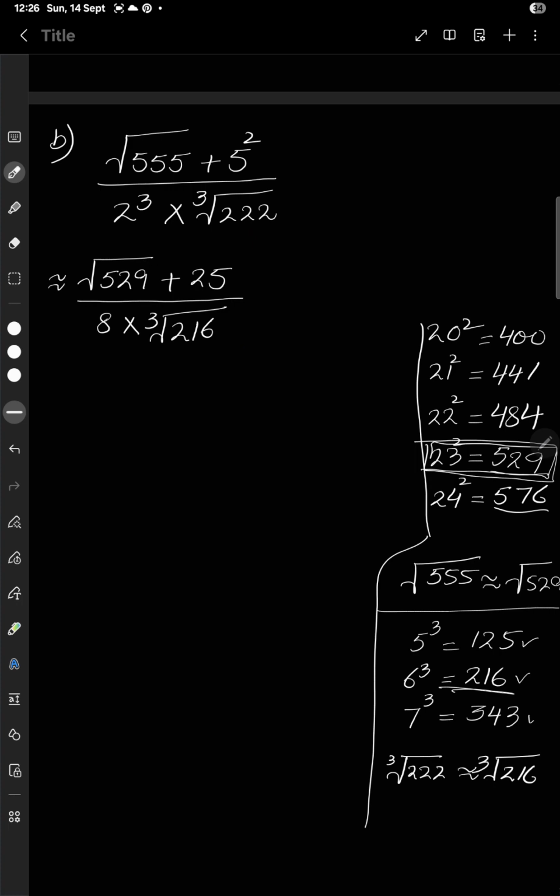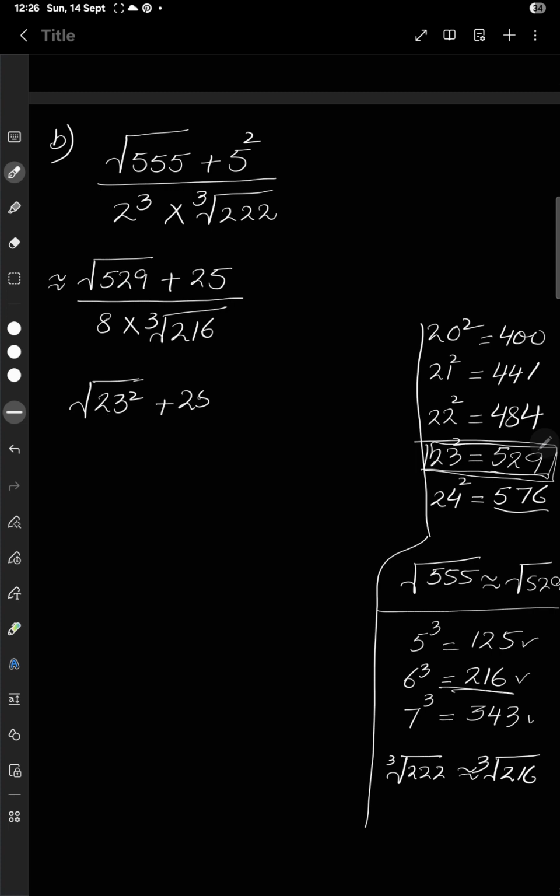Now 529 is 23 square. This is one and the same thing. 529 means 23 square. So I'm writing the number as a square, because I know square root loves to eat a square.